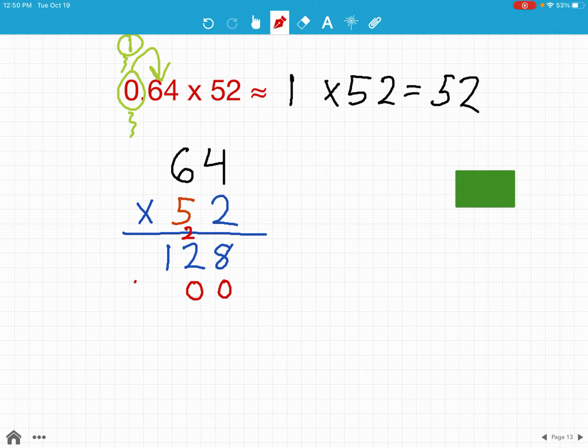Then we have 5 times 6 is 30 plus 2 is 32. Again, we had 5 times 4 is 20. This is our 20, that's 0 here, and the red 2 here. Then we have 6 times 5 is 30 plus this 2 here from the 20. Then that's 32.